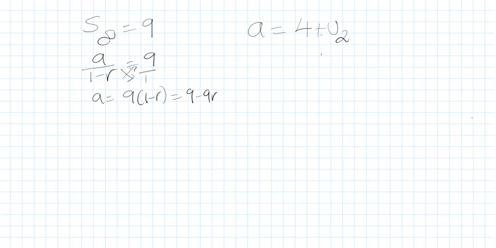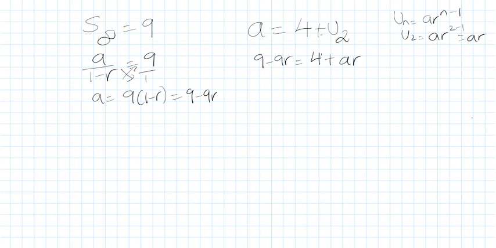And then I can now use that a in the second equation. So 9 minus 9r is equal to 4 plus u2. Now, we have the general term, un is ar^(n-1), so u2 would be ar^(2-1), which is just ar.